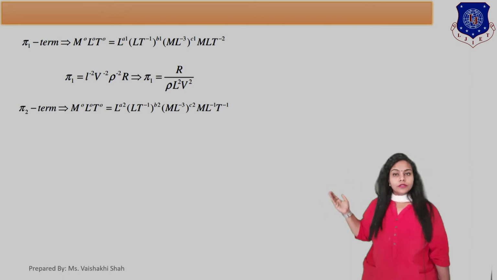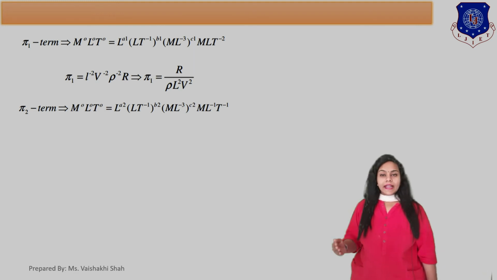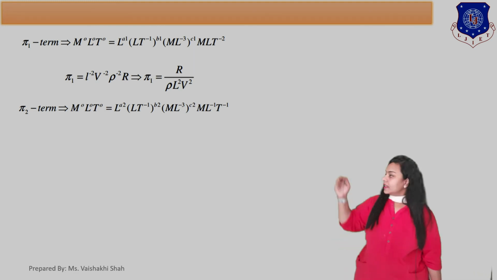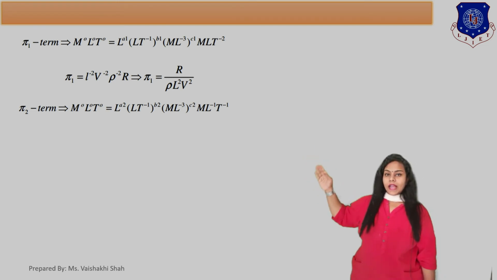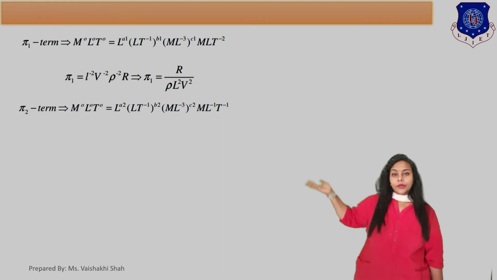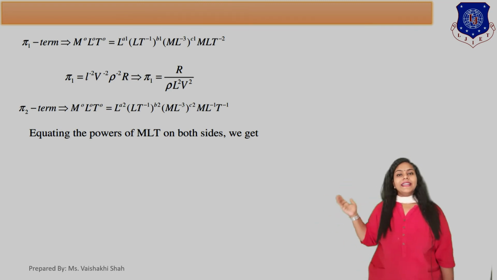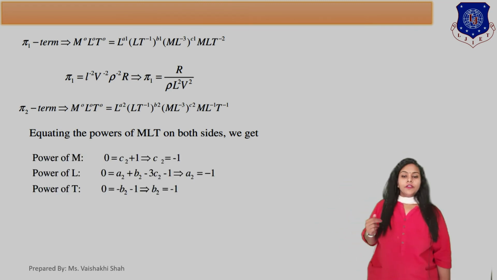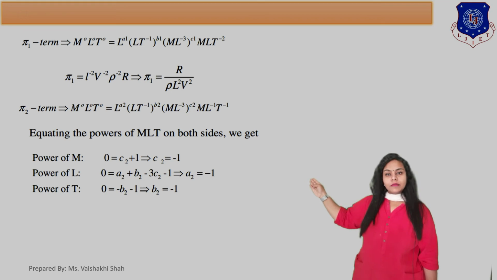In the π2 term, M0 L0 T0 equals L raised to a2, which is length, velocity L T^-1 raised to b2, M L^-3 raised to c2, and last, mu, which is M L^-1 T^-1. Now equating powers on both sides, for M: 0 equals c2 plus 1, so c2 equals minus 1.